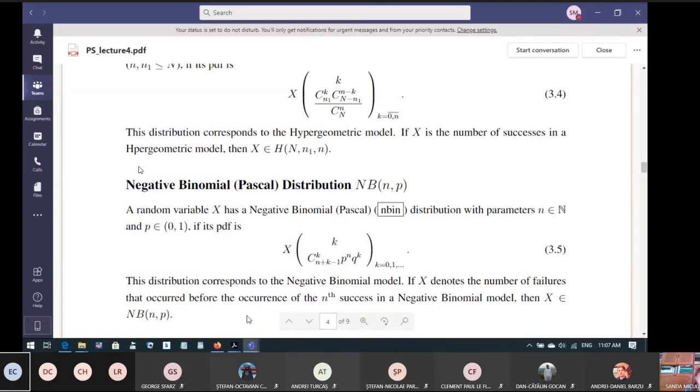In an infinite sequence of Bernoulli trials, with probability of success p, that's the first parameter, the model gave the probability that before the nth success, there were k failures.